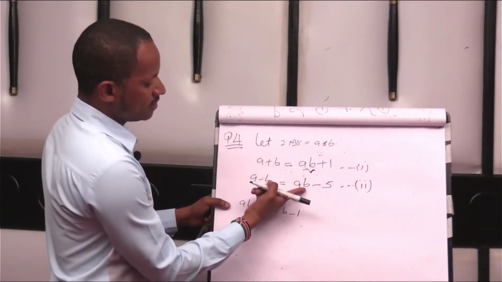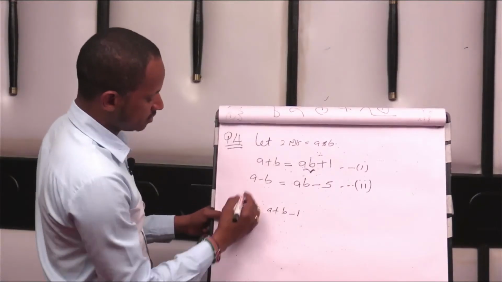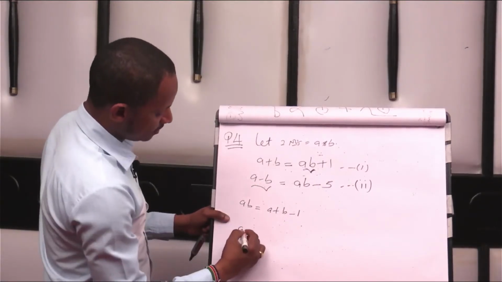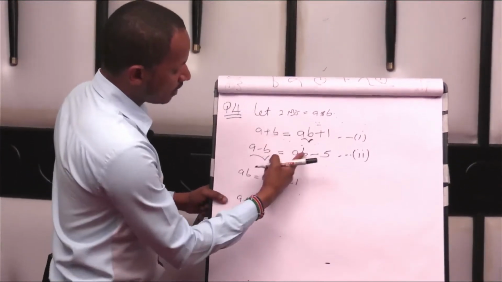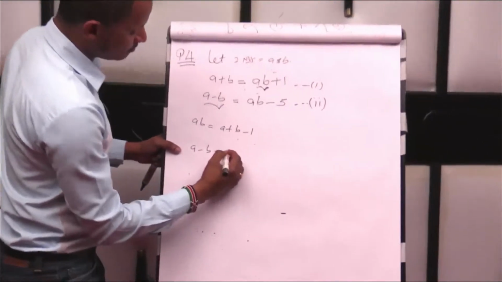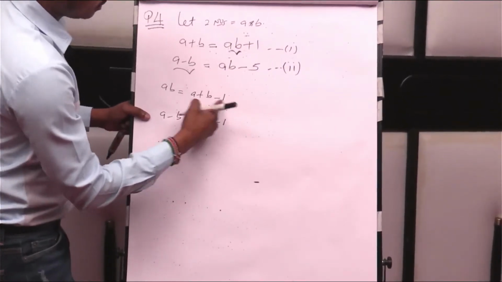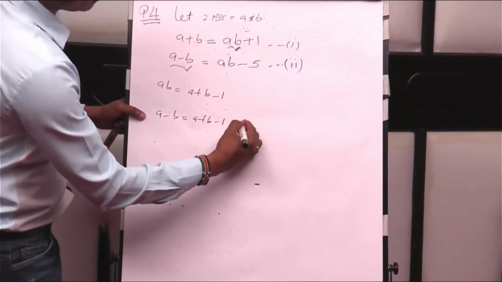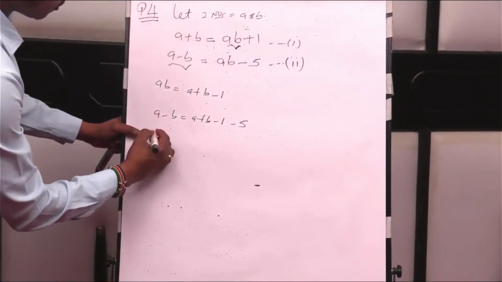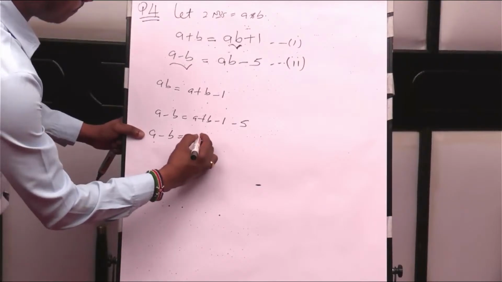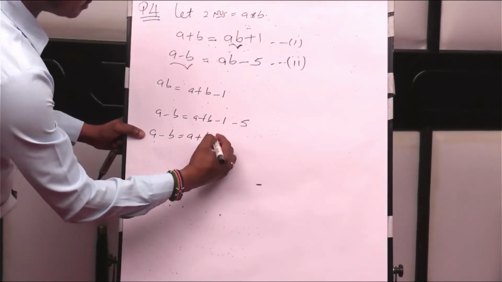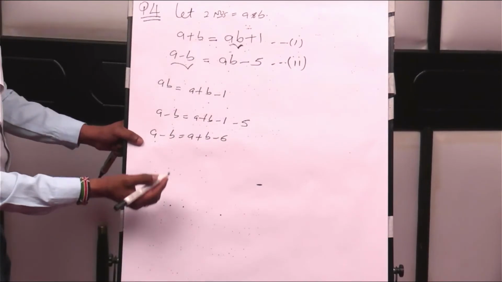Where there is AB in the second equation, you replace it with this. So A minus B equals AB, but AB is A plus B minus 1, minus 5. So A minus B equals A plus B minus 1 minus 5, which is minus 6. Collect the like terms.